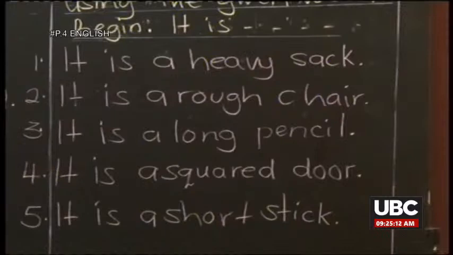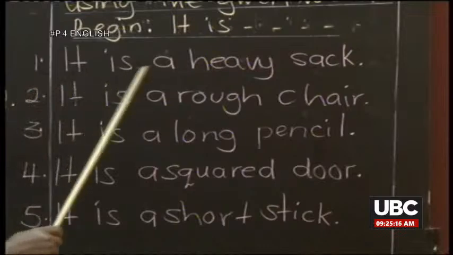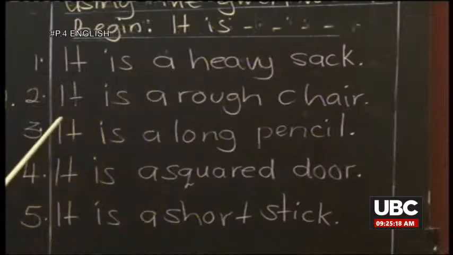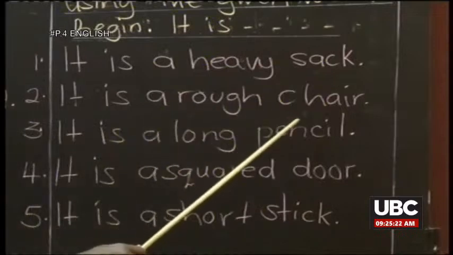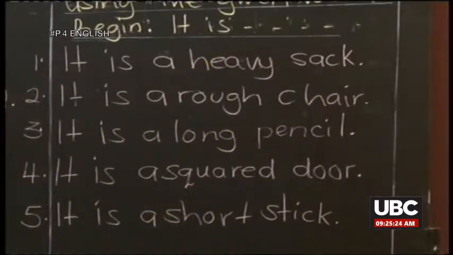So let's read through our sentences. Sentence number 1, it is a heavy sack. Sentence number 2, it is a rough chair. Sentence number 3, it is a long pencil. Next, it is a squared door. You are describing the door.